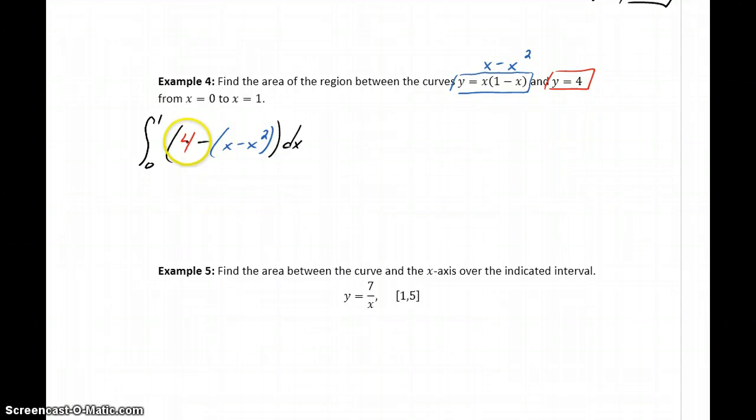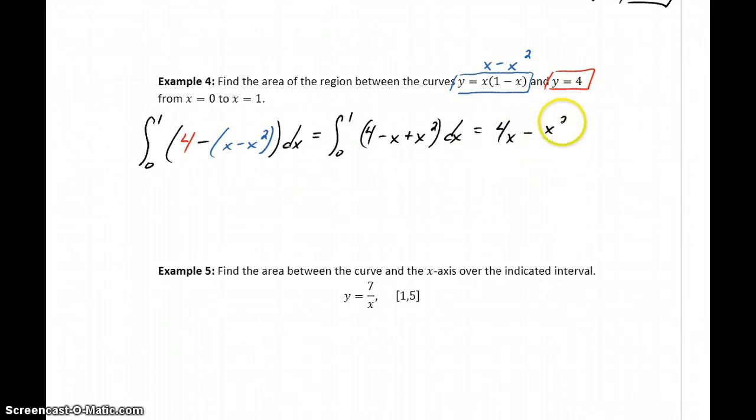So taking the function with the larger function values, minus the function with the smaller function values, and then simplifying what we have in here, this will become 4 minus x plus x squared dx, or 4x minus x squared over 2 plus x cubed over 3, which we would then want to evaluate from x equals 0 to x equals 1.